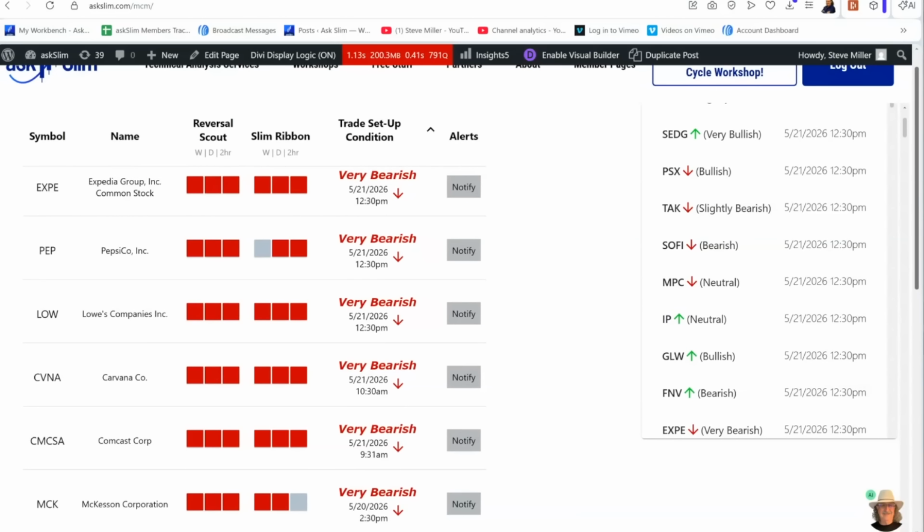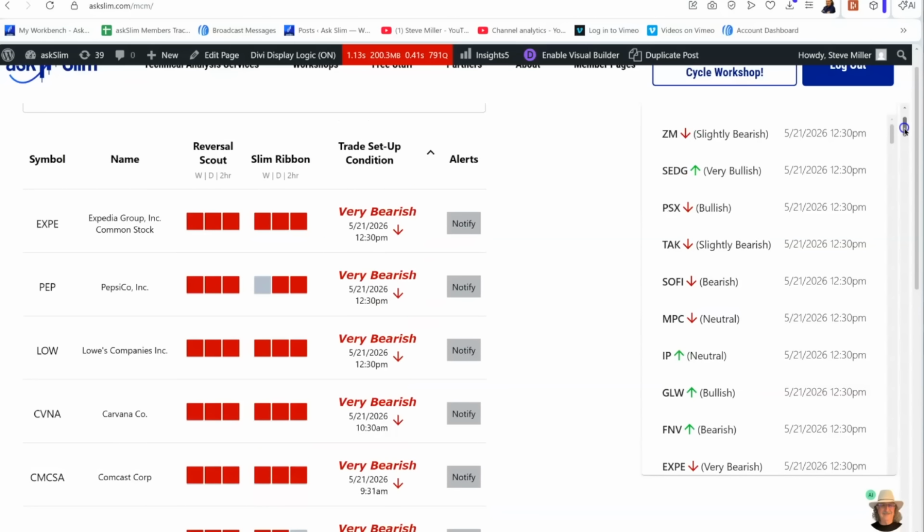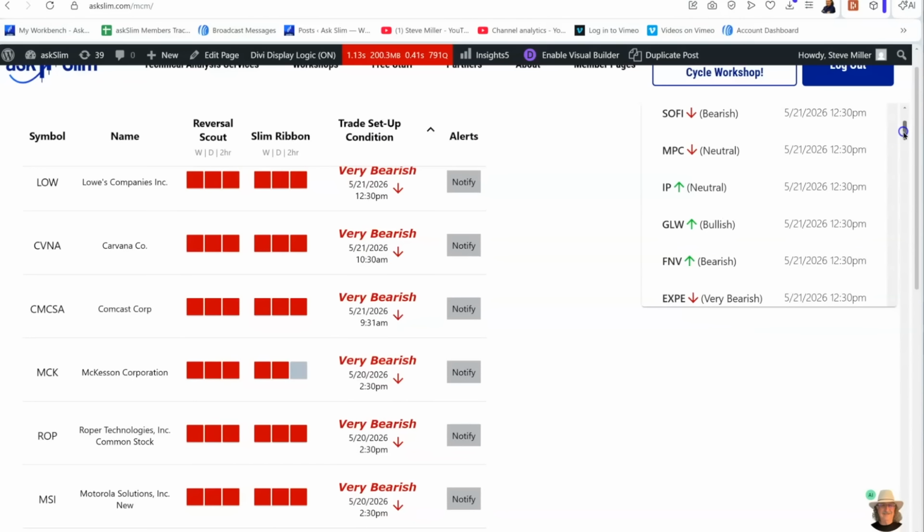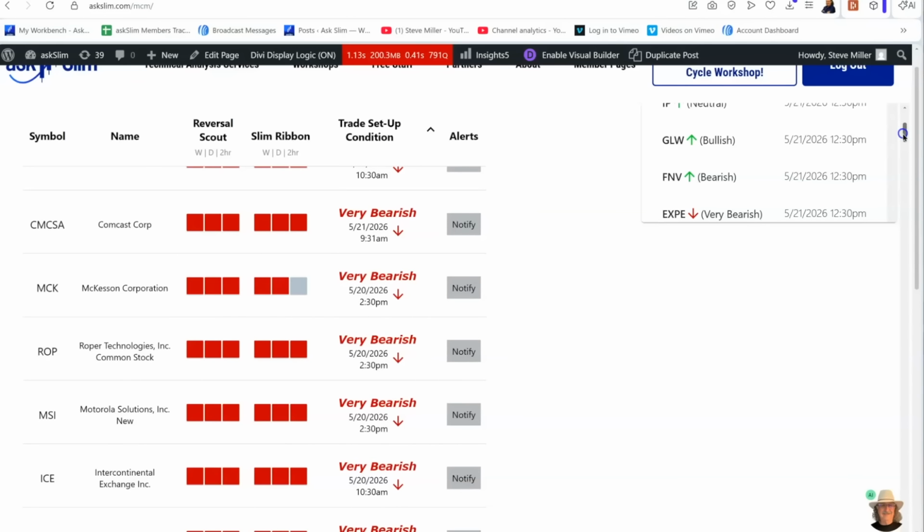Now remember, it says very bearish in the short term. That means the setup is that if you want to buy these, well, you're probably premature. And if you were a short side trader, well, you probably want to execute on that when they give you an entry. That would mean that somewhere in a rebound and resistance is where you'd want to enter on the short side on these.